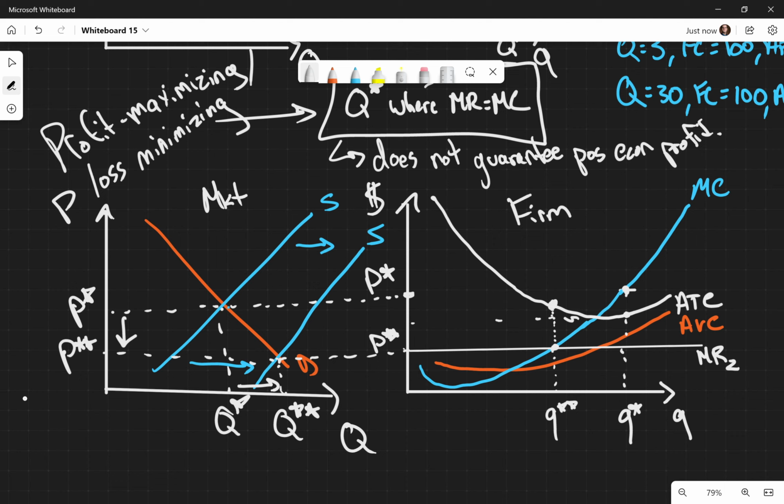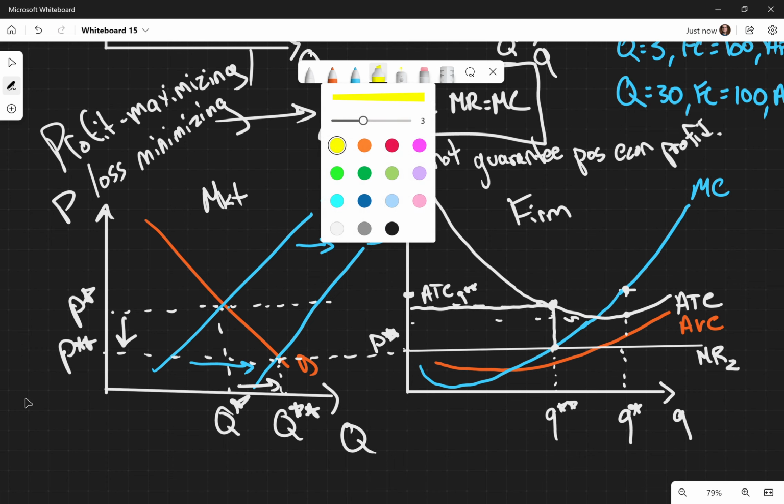And we can see just visually that our average total cost here, we'll call it average total cost at Q double star, is going to be higher than our P double star, than our equilibrium. And so this right here, from here to here, all the way over here, this is our loss rectangle.